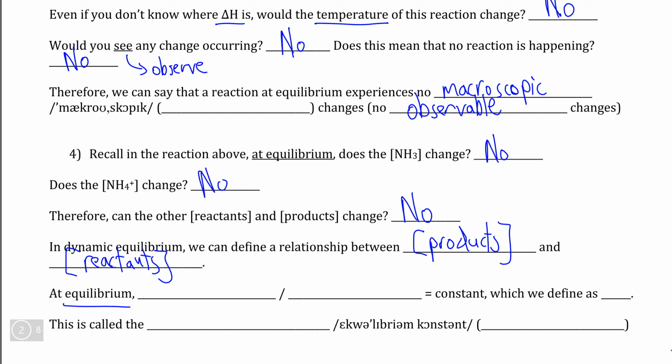So in systems in which a dynamic equilibrium is possible, if we take the concentration of all products that exist within the equilibrium system and divide them by the concentration of all reactants within the equilibrium system, we can define this as a constant for the reaction, which we will simply call KEQ.